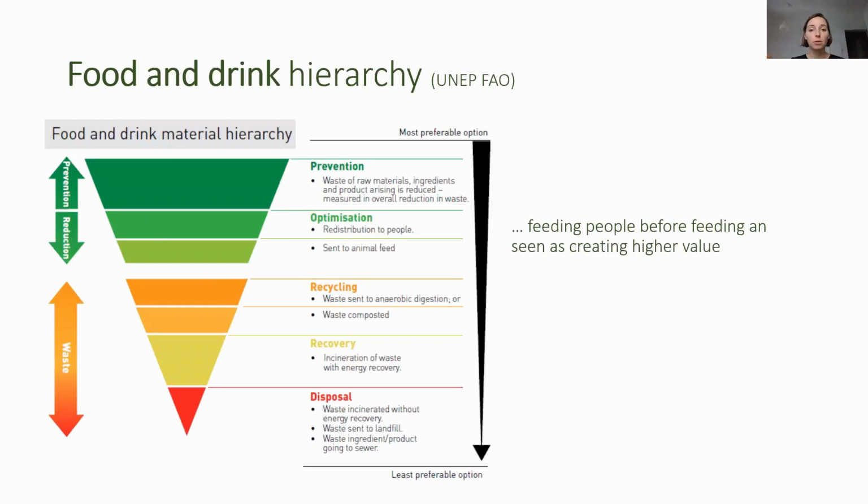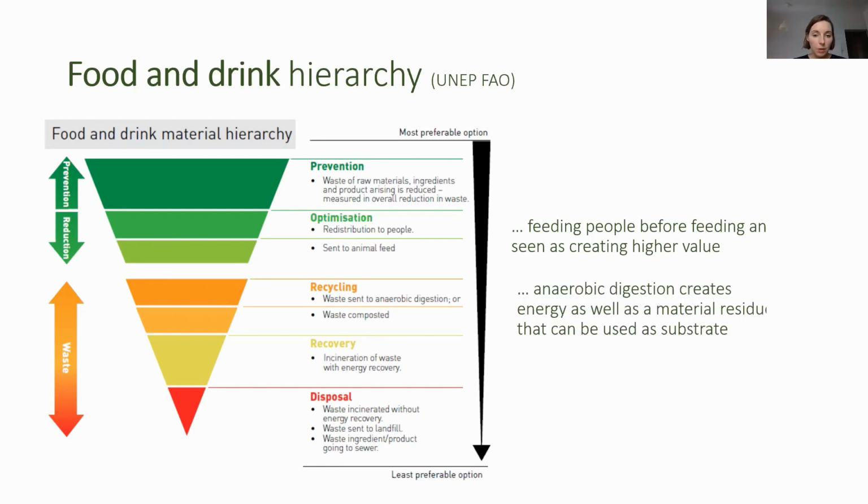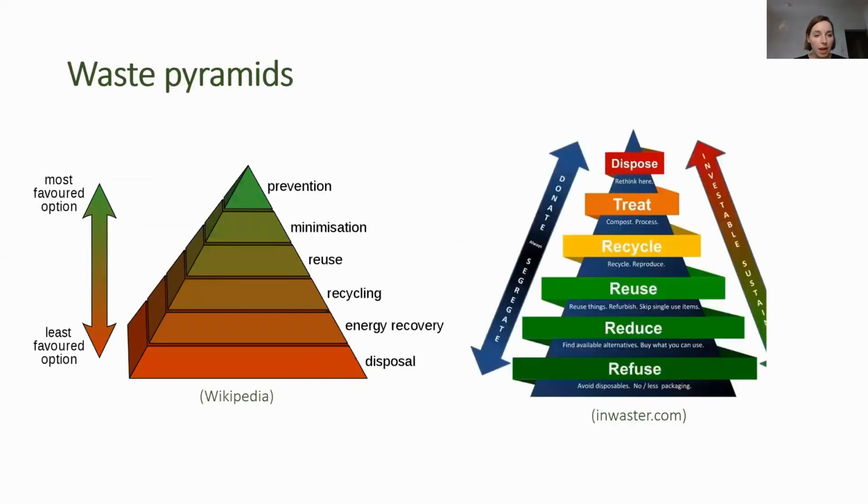And if you have the composting, you just get the substrate. You don't have additional energy. So that's why it is seen as of higher value, because you have two outputs. So yeah, exactly. And then the other parts are basically like the ones we have seen before. And as I said, this is the one of the United Nations Environment Programme.